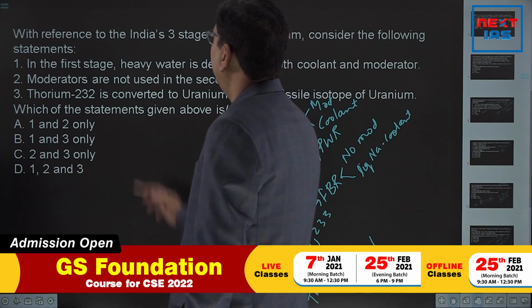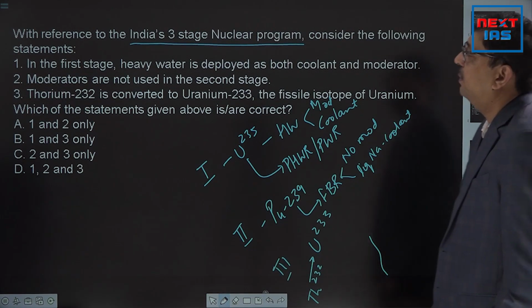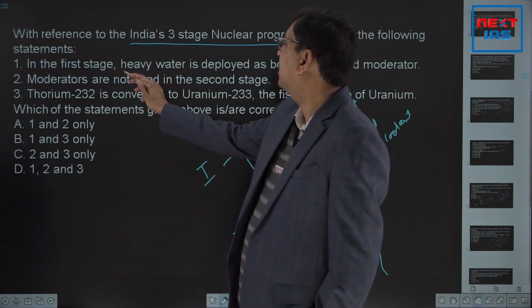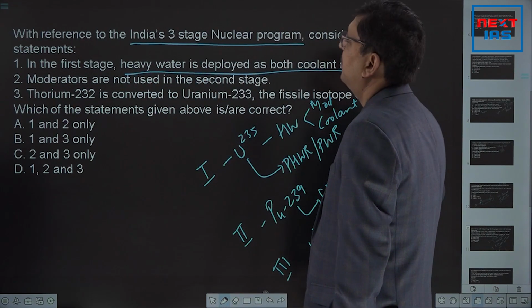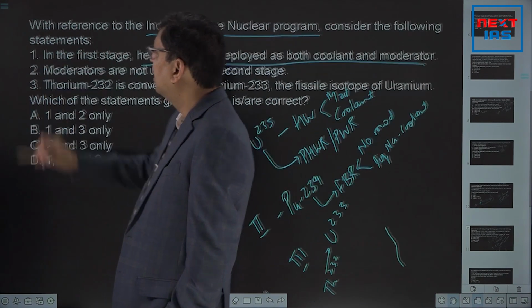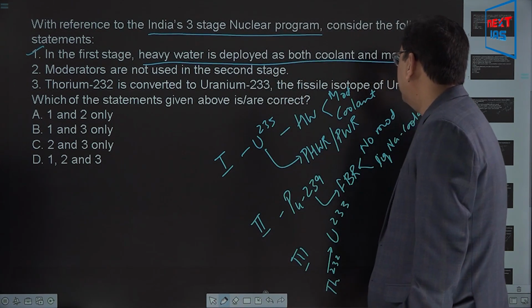So with reference to India's 3-stage nuclear program, consider the following statements. In the first stage, heavy water is deployed as both coolant and moderator. Yes, that statement is right. For second statement, moderators are not used in the second stage.